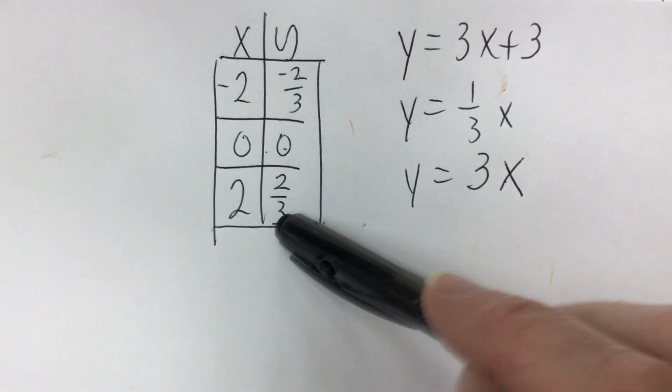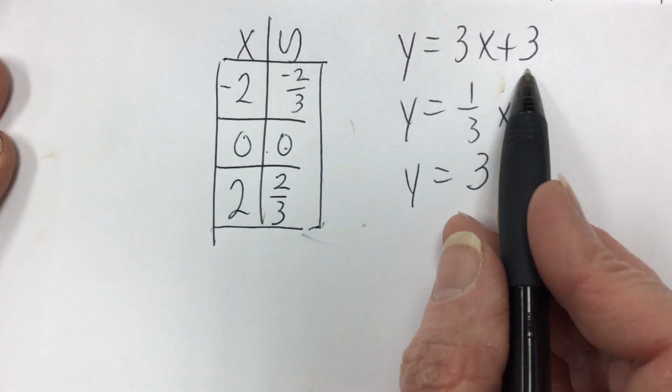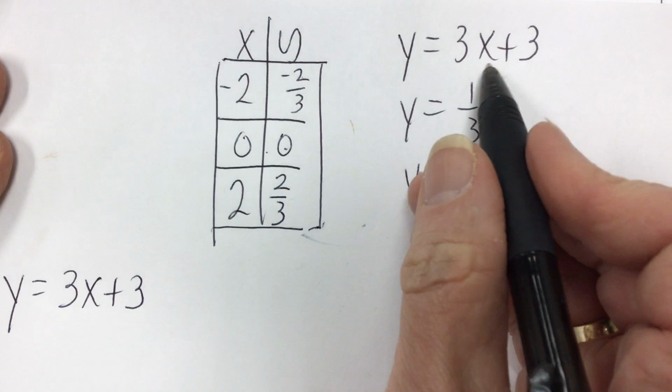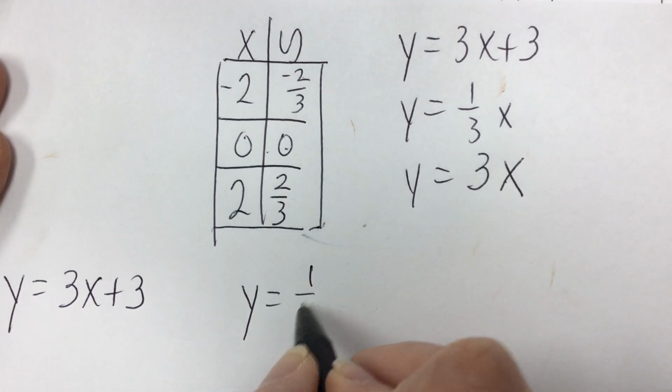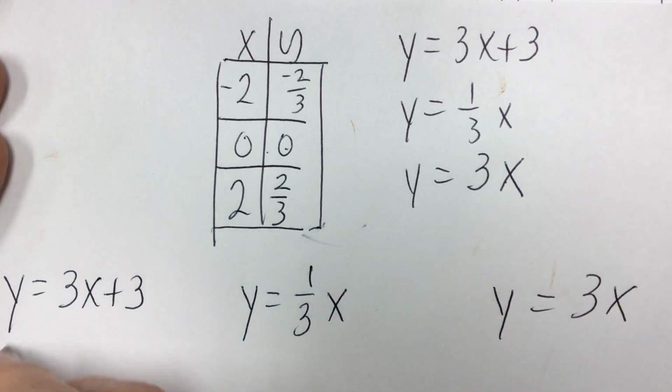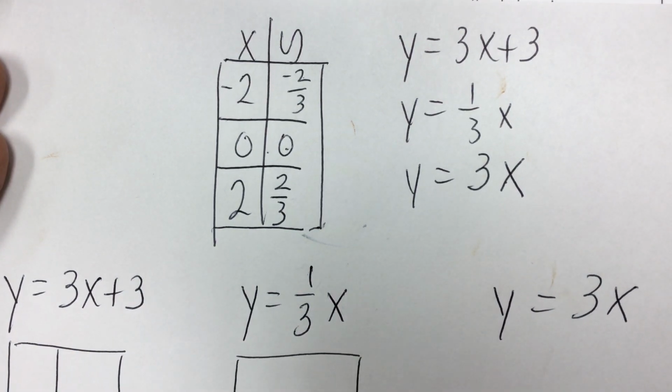All right? So let's just start finding some points. I'm going to find some points on this one equation. I'm going to find some points on this one, and I'm going to find some points on this one. So I'm going to use my table on each one.